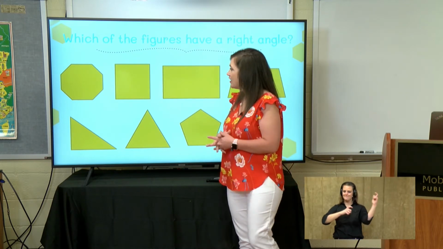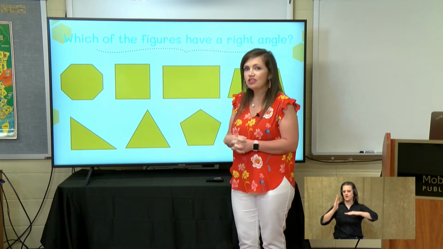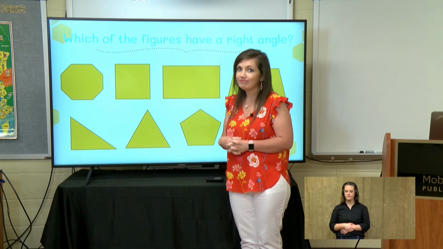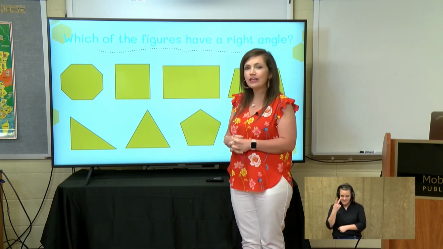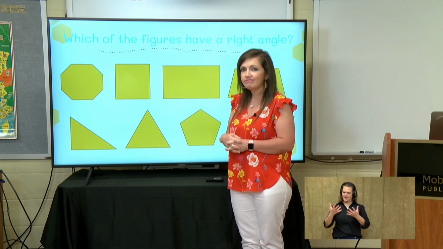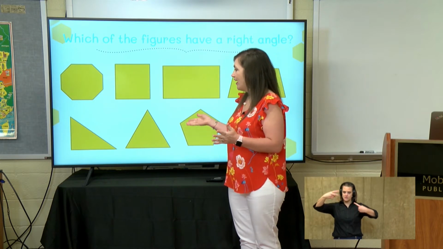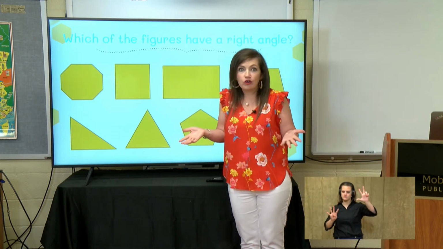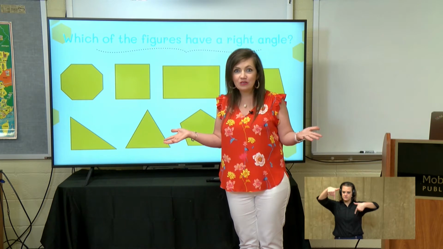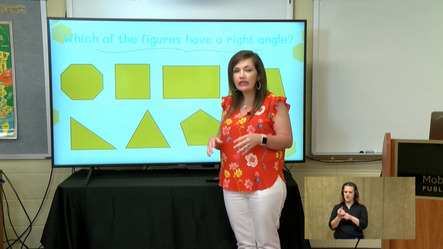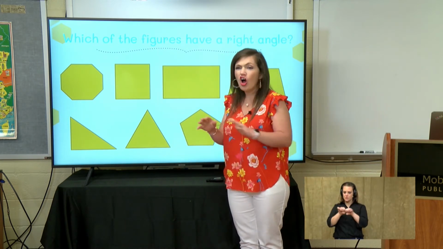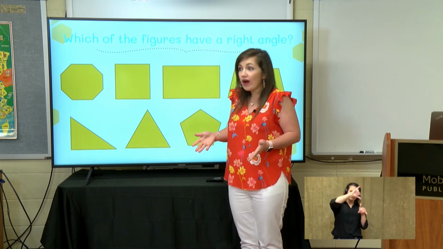All right, let's look at that square. Do we see any right angles? We do, don't we? How many right angles are in a square? 4 right angles. And in order for a square to be a square, it's going to have 4 equal sides. They're all the same length and 4 right angles.